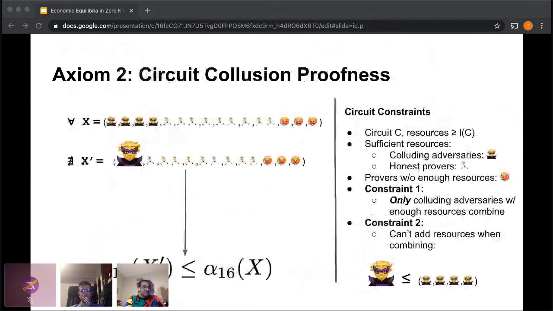The second, so this gets back to our constraint, because our constraint is somewhat circuit dependent. So what we do is we define a notion of collusion proofness that is circuit dependent. And the way that the circuit dependency works is take the set of users, and in this picture, we have three types of users. We have the adversarial ones, we have the honest ones who are the runners, and then we have the people who don't have enough compute resources, who are in orange.